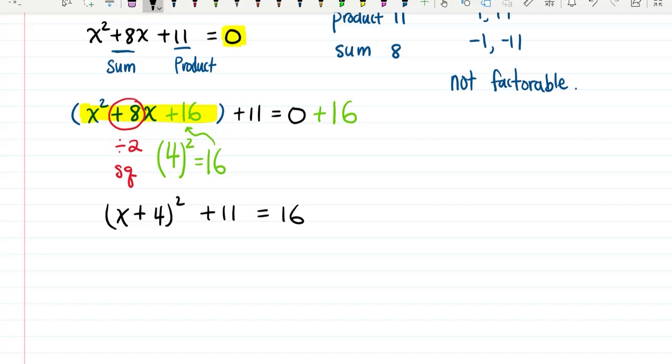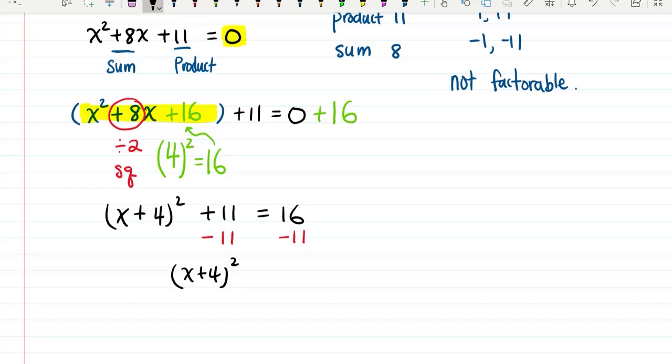Next, we get rid of the plus 11 term by subtracting 11 from both sides.